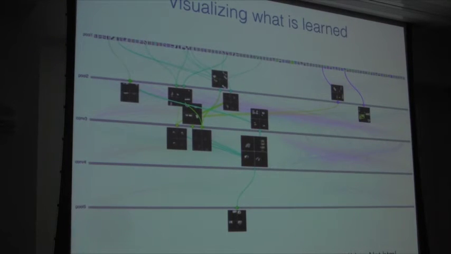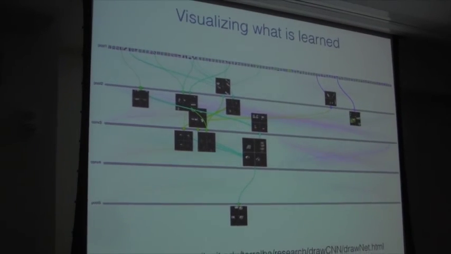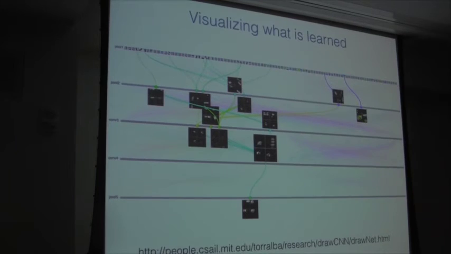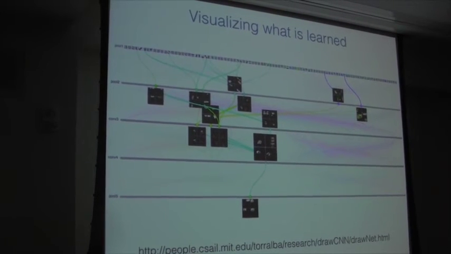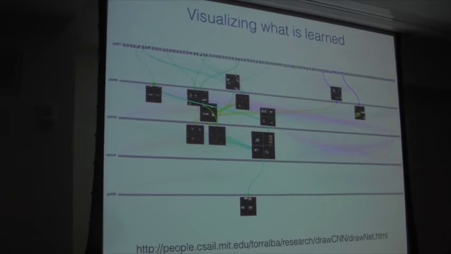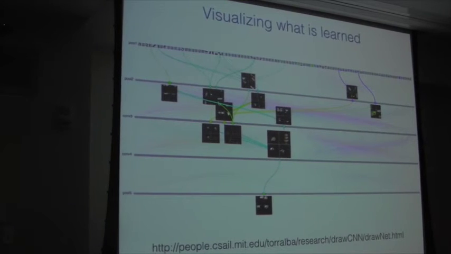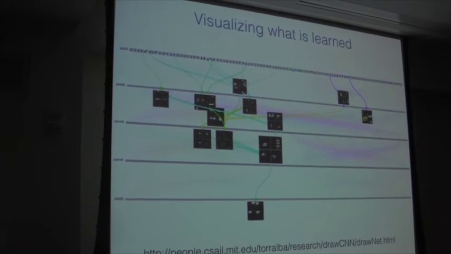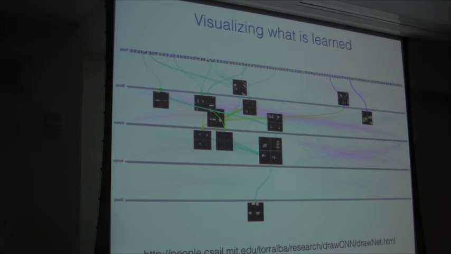I want to point you guys to play around with this tool first. There's a lot of work that people have been doing. Antonio Torralba is at MIT. He's one person who does a lot of this. And he has a tool where you can take a network that's been trained to take an image and predict a label of the scene category, like is it indoor or outdoor, is it a kitchen or a bathroom?